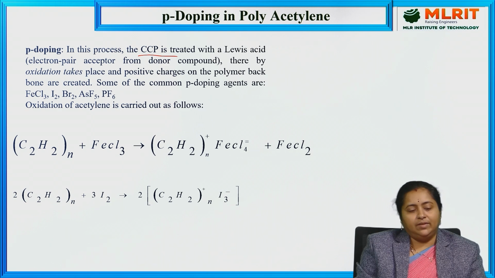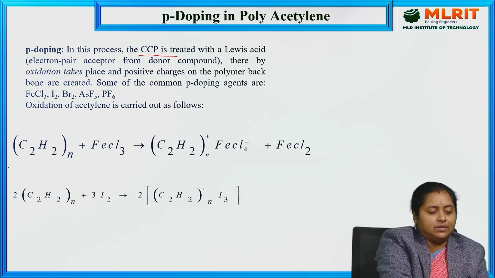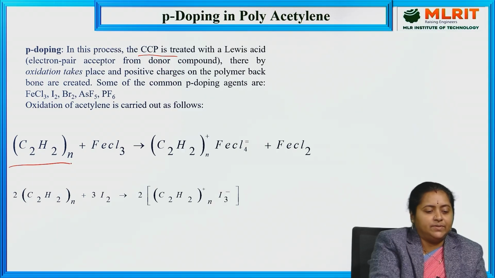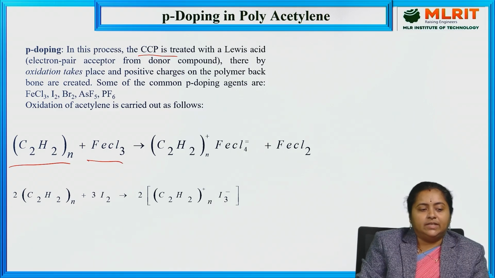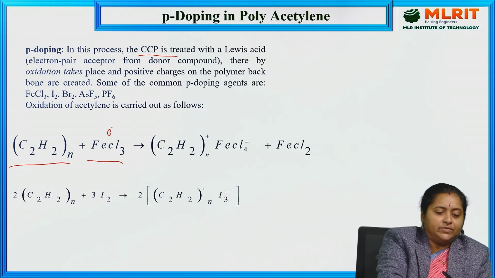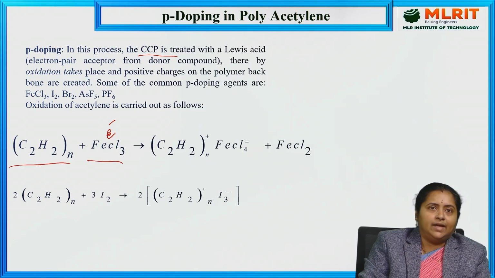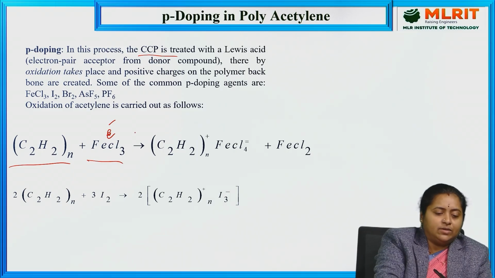So oxidation of polyacetylene, if you notice, see this is polyacetylene. When it is subjected to treatment with a Lewis acid, say for example I have considered ferric chloride, then it is able to form a positive charge because it is an electron pair acceptor. So it is able to accept an electron pair. So it involves what? Oxidation.